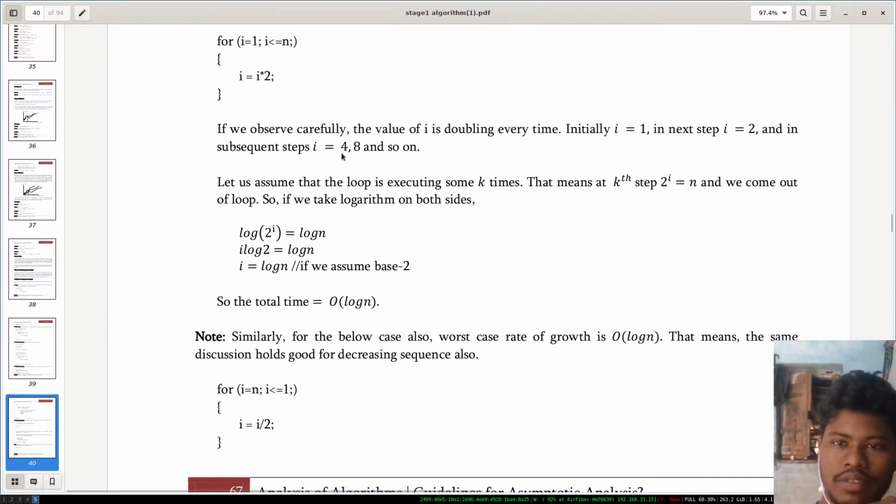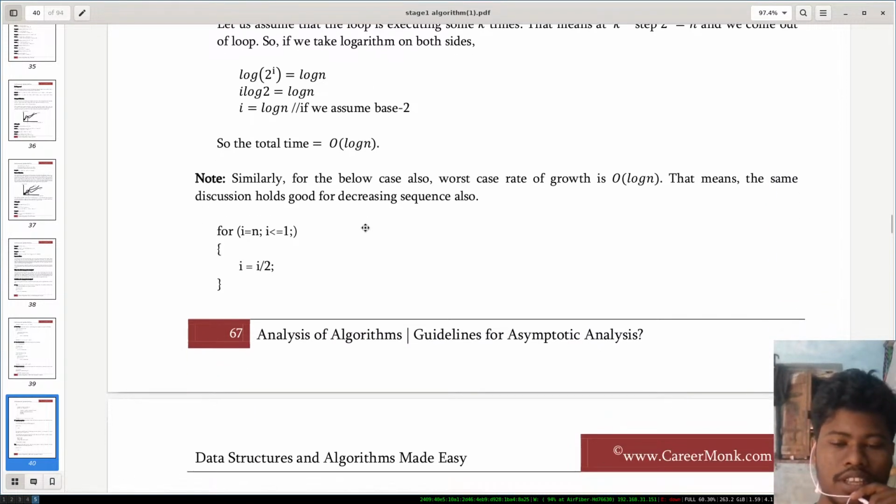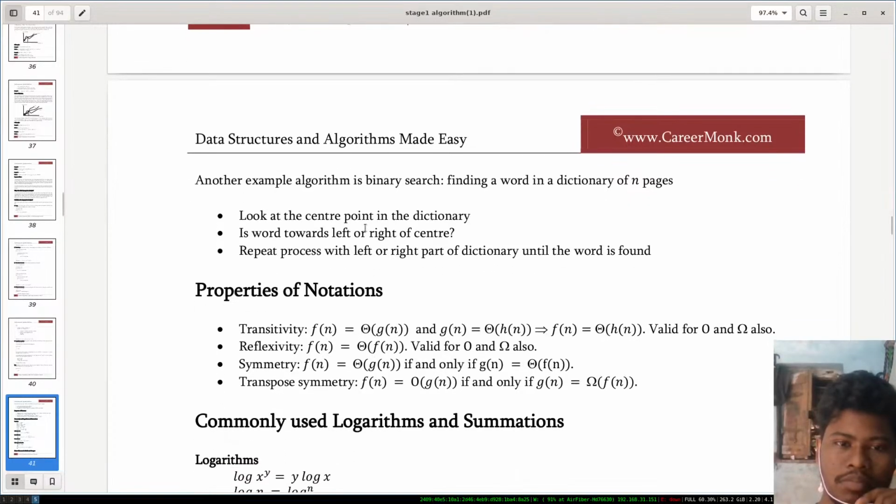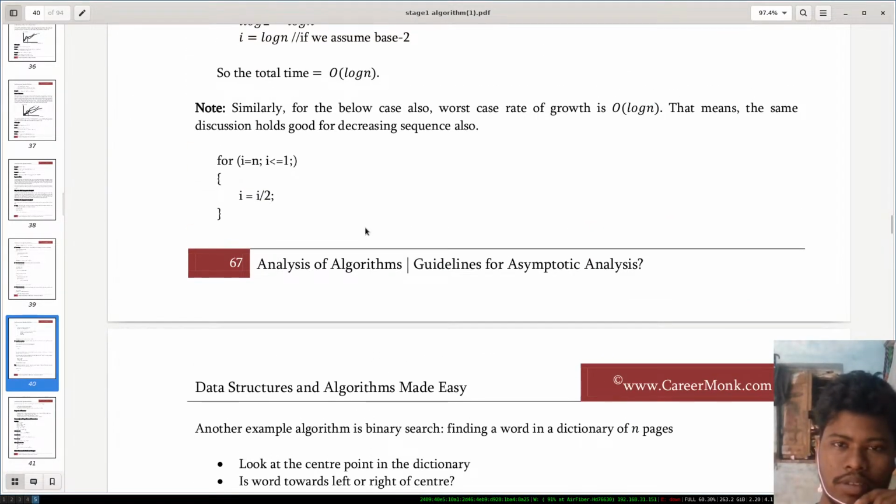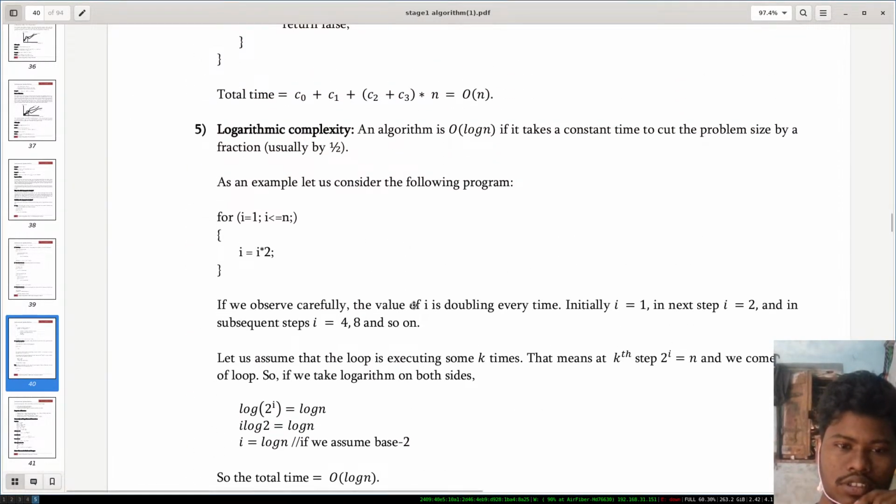Alright, now if we observe carefully, the value of i is doubling every time. Now this is log n. Similarly for the below case also, the worst case rate of growth is O of log n. That means the same discussion holds good for descending sequence also. We are doing the same thing, but how do we find this?